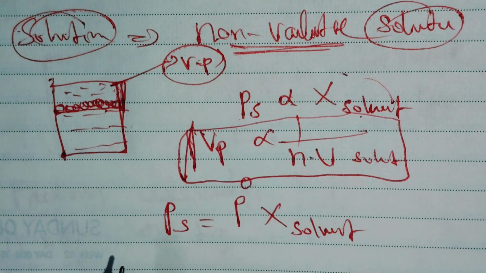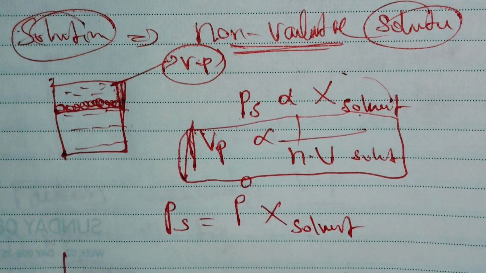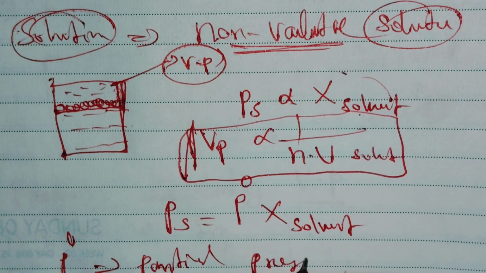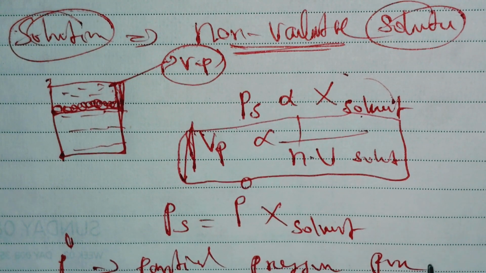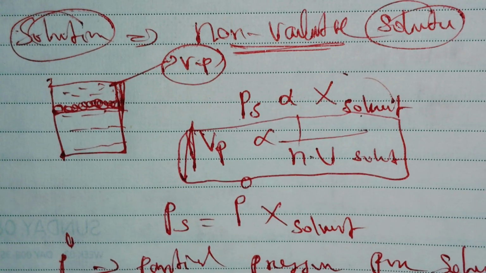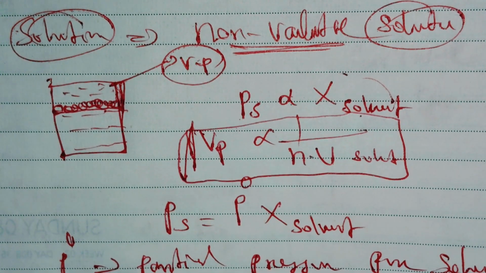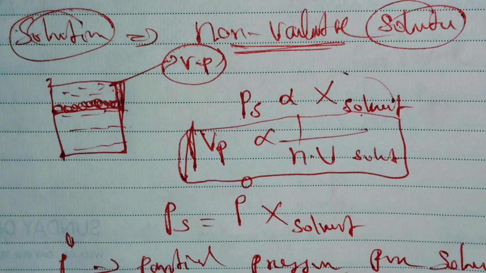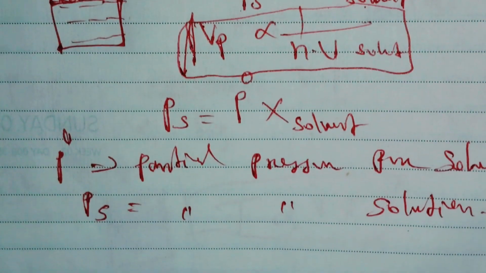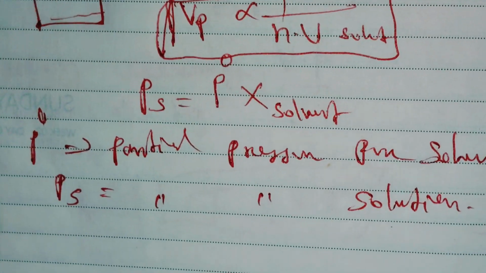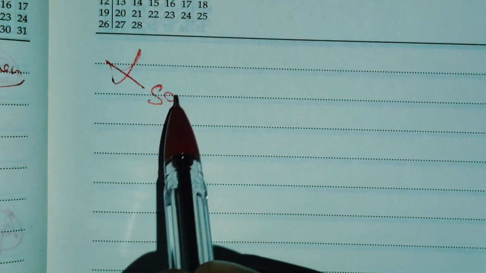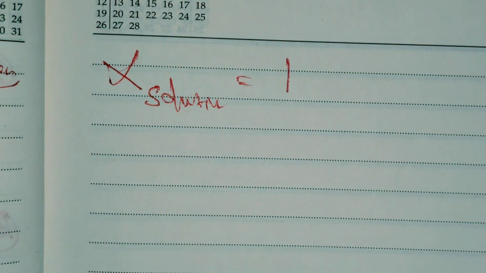Here P naught is the partial pressure of the pure solvent, and P of S is the partial pressure of the solution. We know that the mole fraction of the solution is equal to 1.